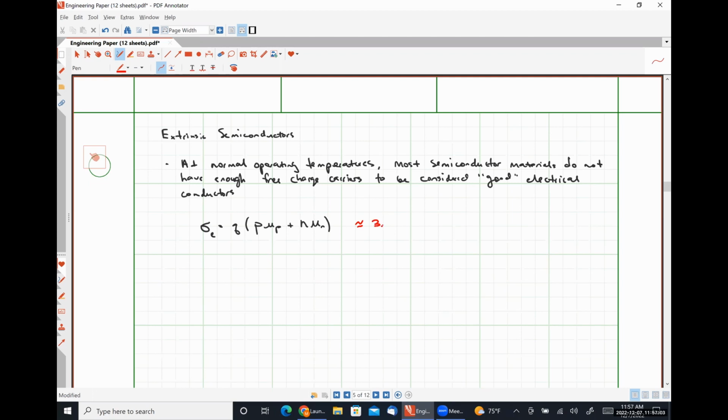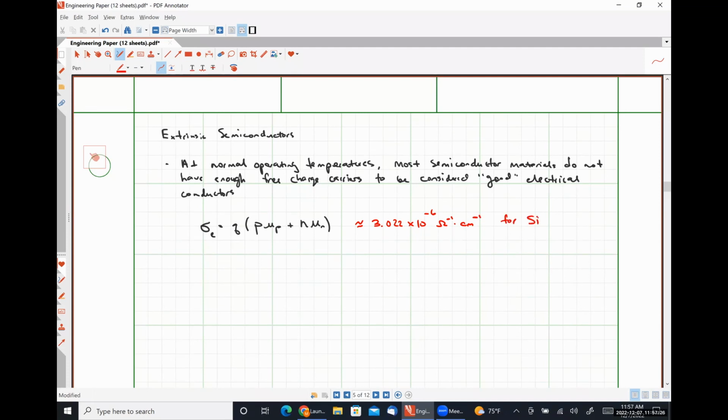For silicon's material properties at 300 degrees Kelvin, we would have about 3.022 times 10 to the minus 6 per ohm per centimeter of conductivity.